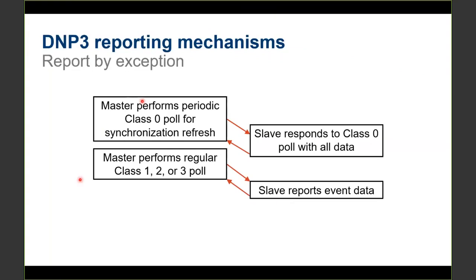So, for example, I can set up my RTU to poll the relay with class 1, 2, or 3 each 1 or 2 seconds, and set up my integrity poll, my static poll, every 50 minutes, for example. Actually, this is the most common way that customers use the DNP3 protocol in the field. This is combined report by exception polling and static polling using class 0.